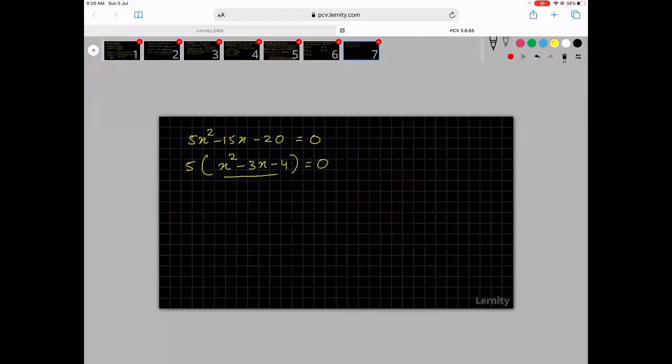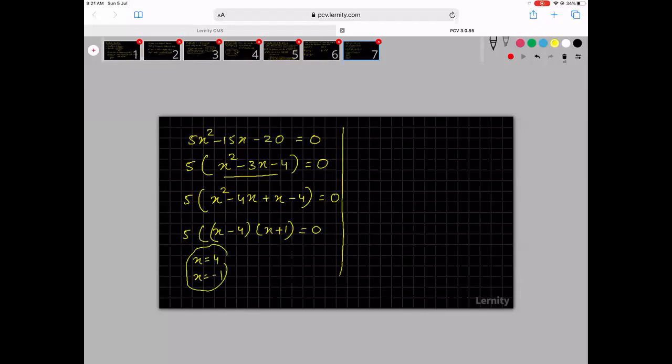I think of two numbers whose product will give me minus 4 and whose sum is equal to minus 3. So I can split the middle term as x square minus 4x plus x minus 4 is equal to 0. So now I can say 5, and then factorize this as x minus 4 into x plus 1. This is equal to 0. So either x should be equal to 4 or x should be equal to minus 1. Okay, so this is one way you can do it.